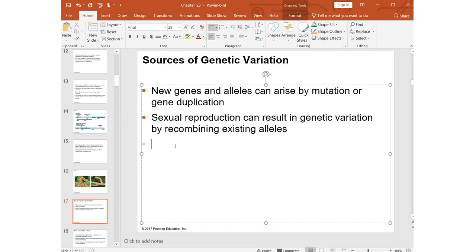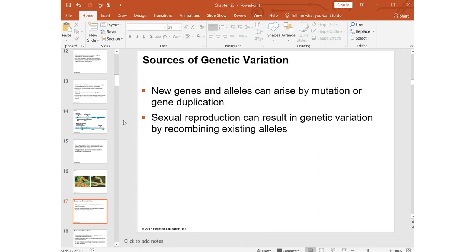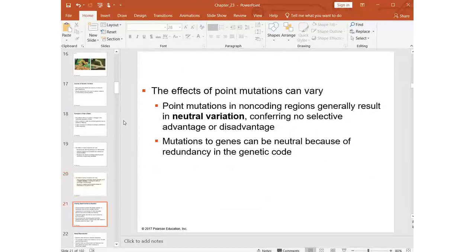But also, if you remember the phenomenon of crossing over, chromosomes can cross over during meiosis and exchange genetic information, and that causes new combinations of alleles as well. So sexual reproduction can cause a lot of genetic variation, and that's generally good for a population.